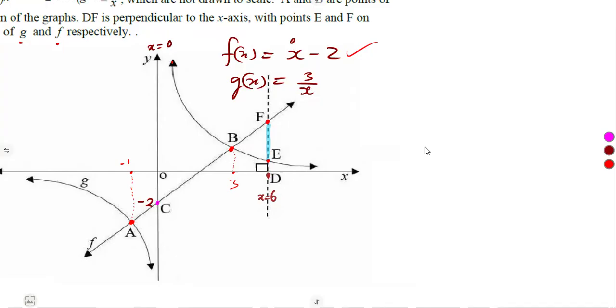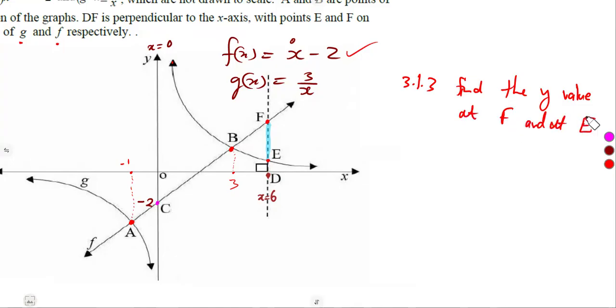So find the Y values. The Y value at F and at E. How do we find the Y value? Because we've got the X value. Because this is a vertical line, X is the same throughout.